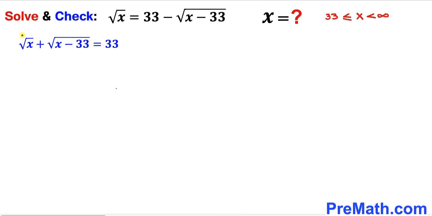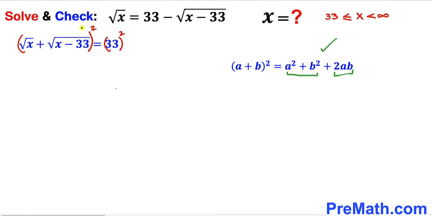And now I am going to take a square on both sides of this equation. Let's recall this famous identity: a plus b whole square could be written as a square plus b square plus 2 times ab, and we are going to apply it on the left hand side of this equation.